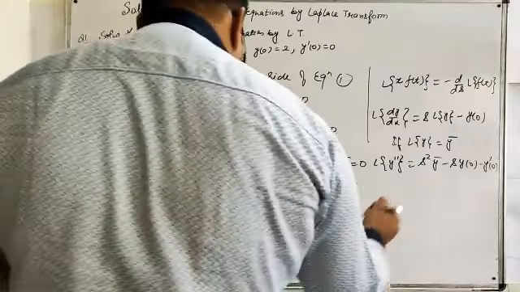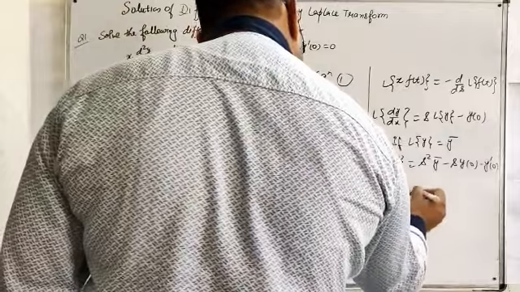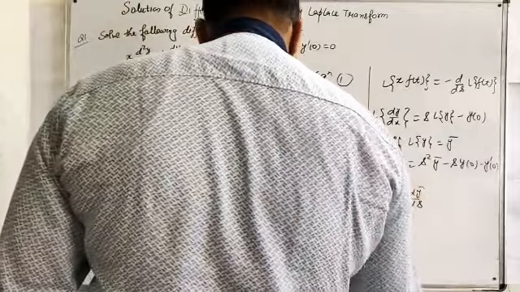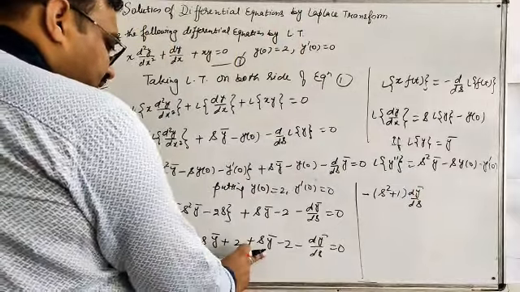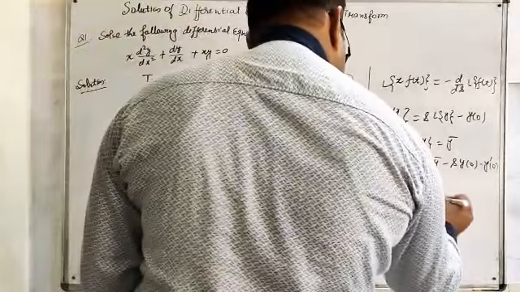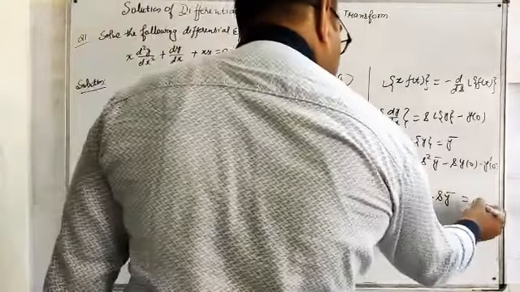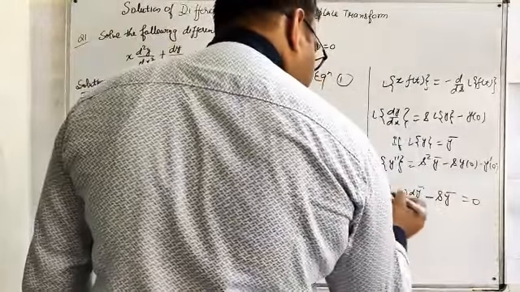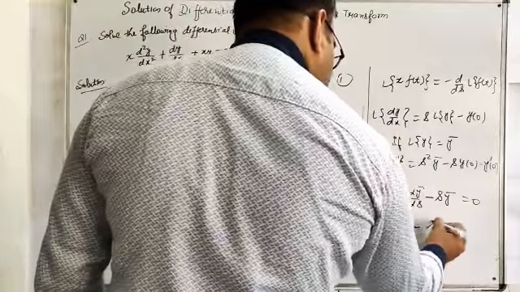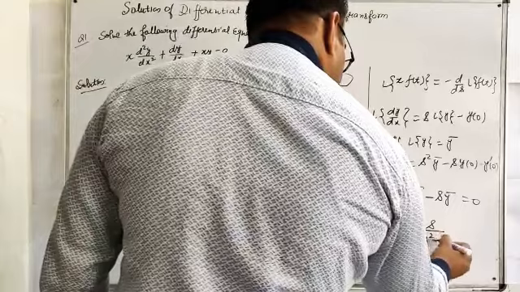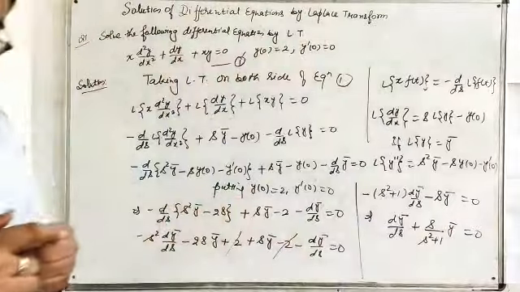Now simplifying, we can write it as minus s square plus 1 dy bar over ds, minus 2s y bar plus s y bar. So we can write it as minus s y bar, and plus 2 and minus 2 cancel, equals 0, or dy bar over ds plus s upon s square plus 1 y bar equals 0.